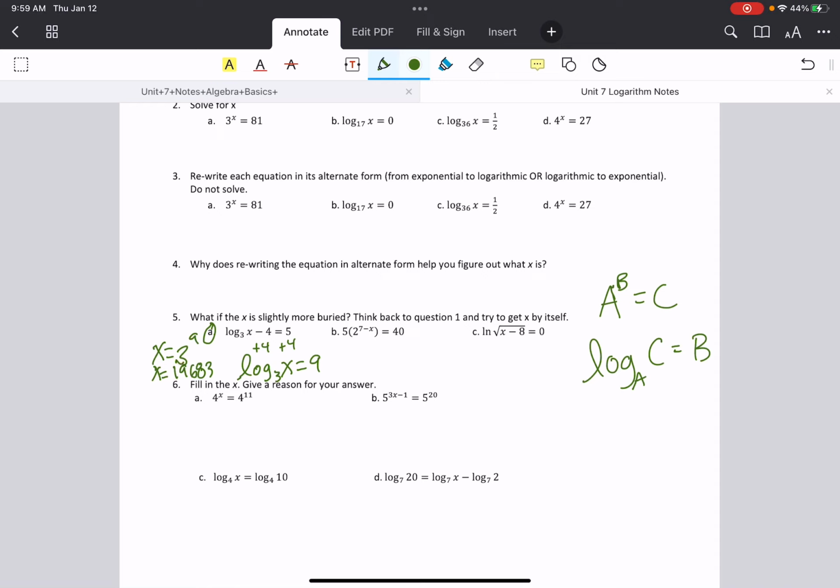Okay. Does that make sense? Where I got my exponent conversion? Okay, let's try another one.